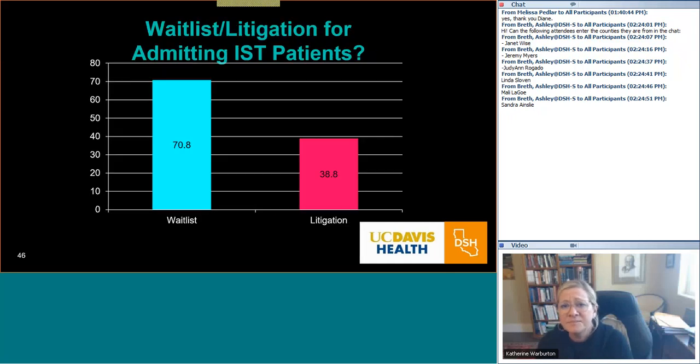Next slide. At that time, which is 4 years ago now, 71% had a wait list and 39% were facing litigation. I'm sure that pink litigation bar is much higher now. I know we answered no on that in 2017, and we would answer yes on that in 2021. So this pattern that we saw with Trueblood versus Washington up in Washington State is happening all over the country. Next slide, please.